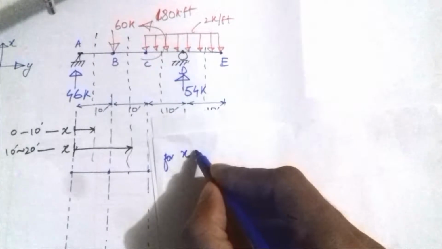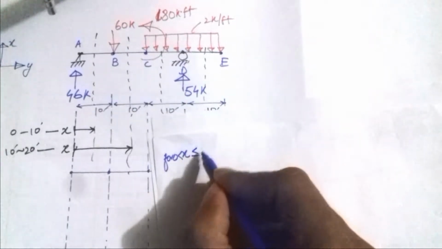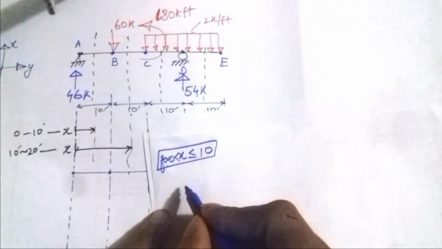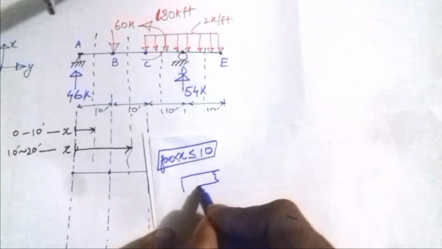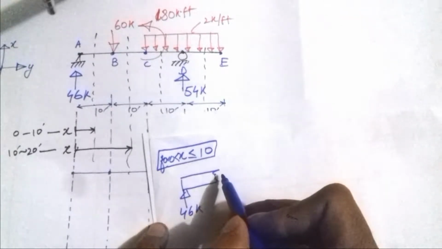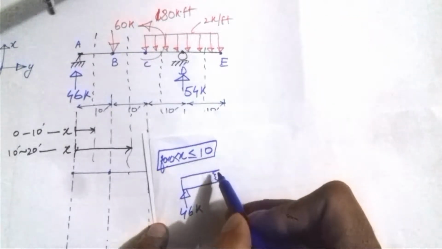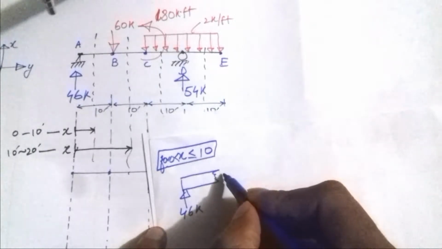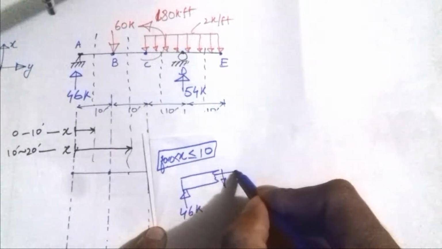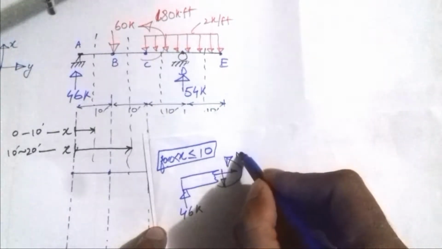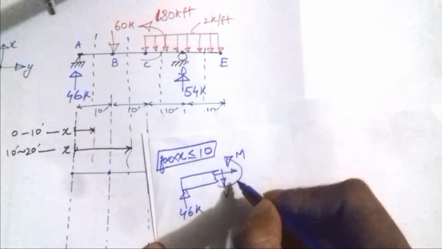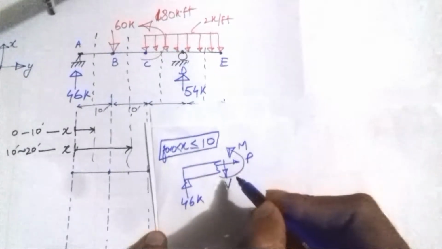For x greater than 0 and less than or equal to 10, our section is something like this. And here actually no load exists, but according to the basic assumptions of the shear force, this is the axial force.